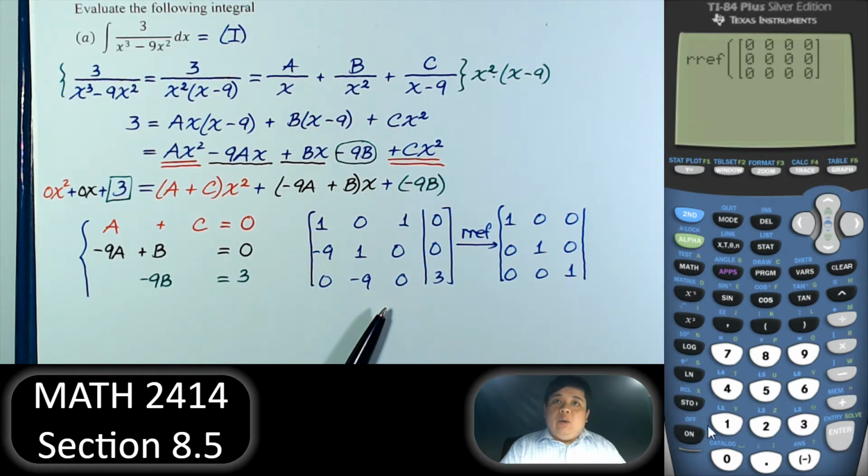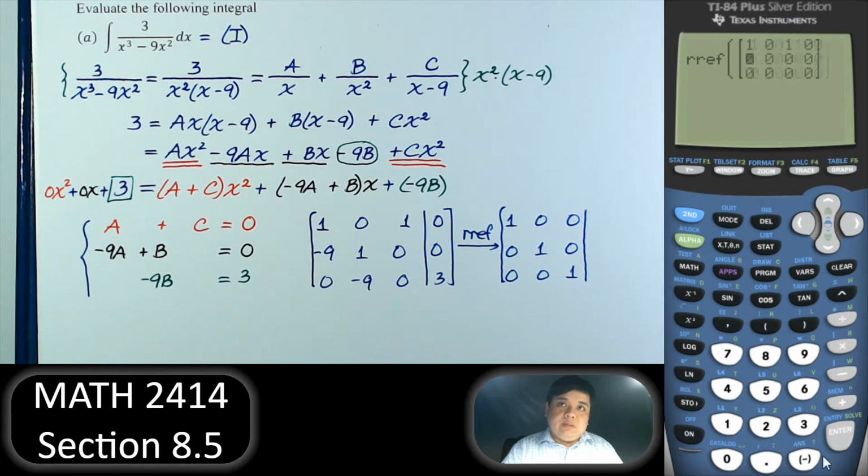That's good. 1 for A, 1 for C, negative 9, 1, negative 9, and 3.